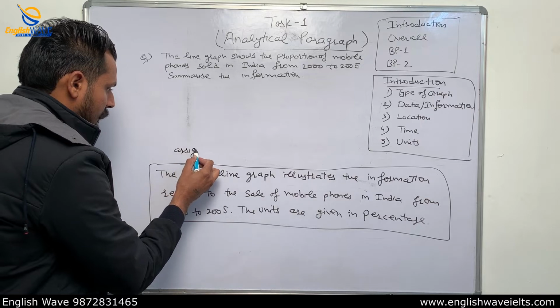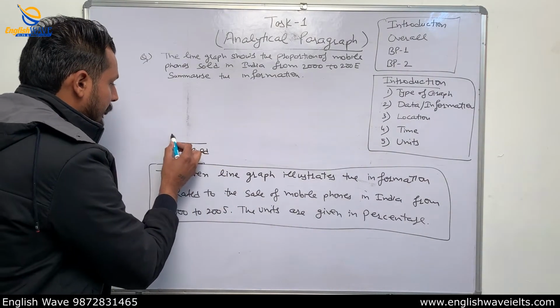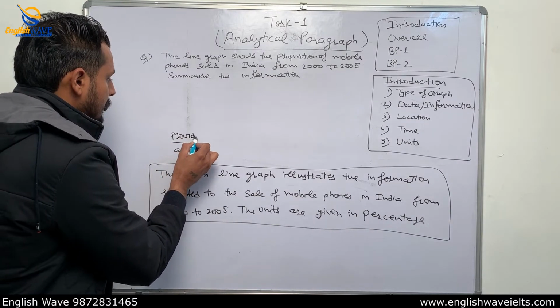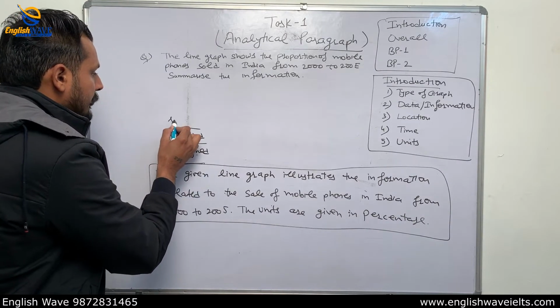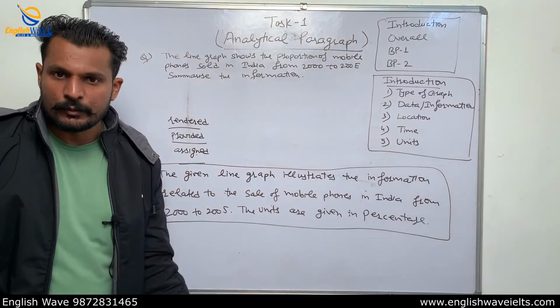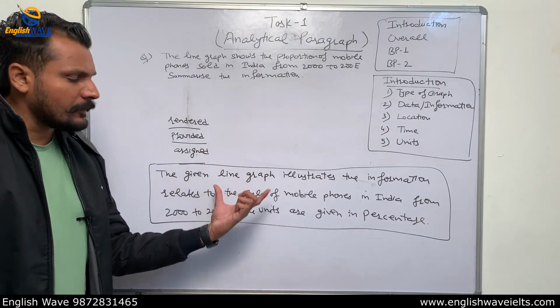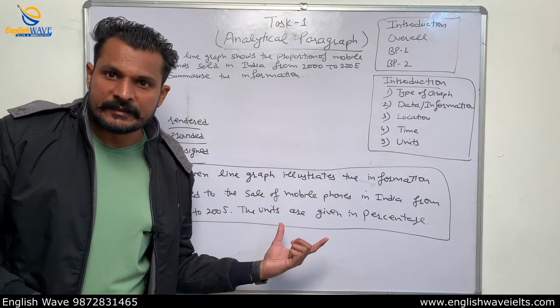Assigned word can be used. The assigned line graph. Provided. Rendered. So these are the words that can be used instead of given word. Line graph, or we can also say linear representation.